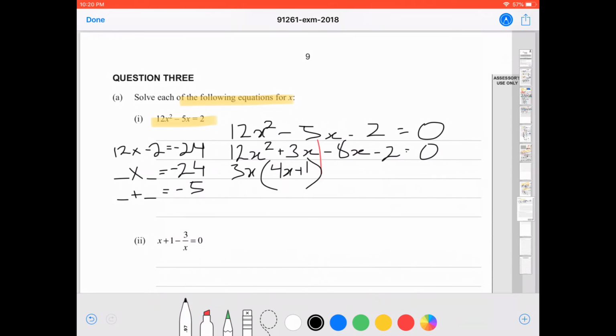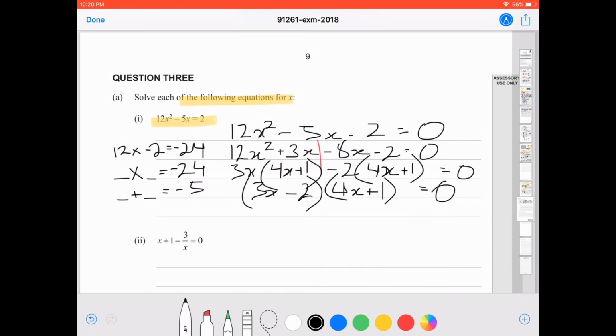Right-hand side, minus 2 is a factor, and then 4x plus 1. You know you're on the right track when these two sets of brackets are the same. So we have 3x minus 2 times 4x plus 1 equals 0. Each set of brackets equals 0, therefore x equals 2 over 3 or negative 1 over 4. Those are your correct solutions here.